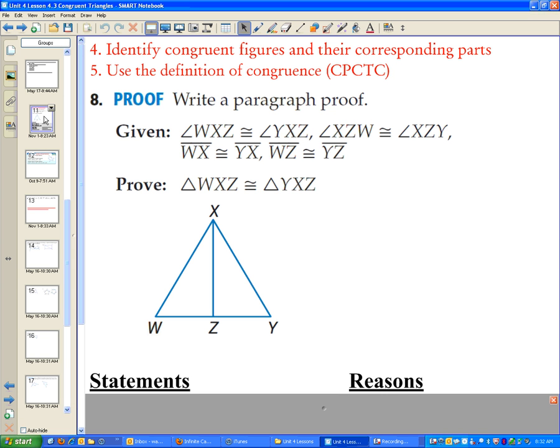Okay? Now, when you do a proof, there's a lot of writing. You're going to have to get over that. Okay? There just is. So, the first thing you do when you write a proof is you write down what's given. So, on your paper, you should write given. Angle WXZ is congruent to angle YXZ.